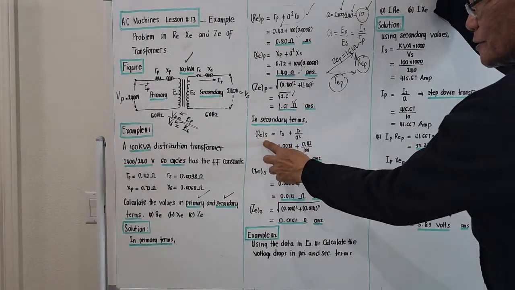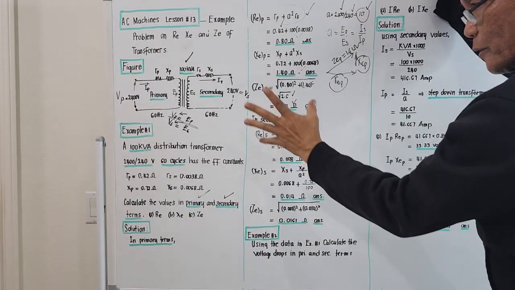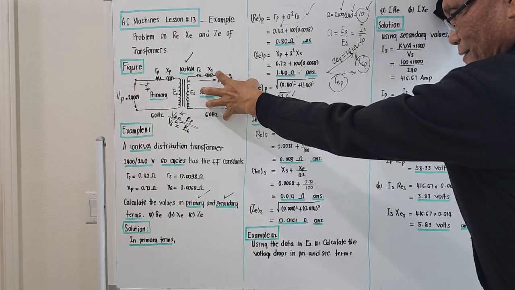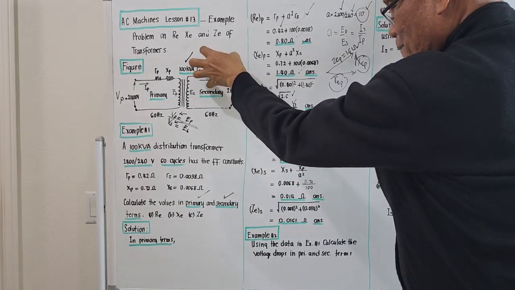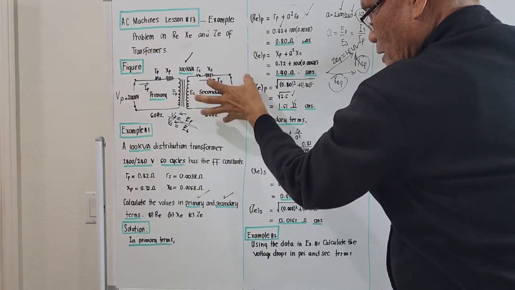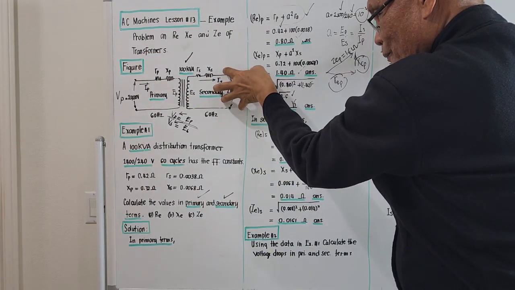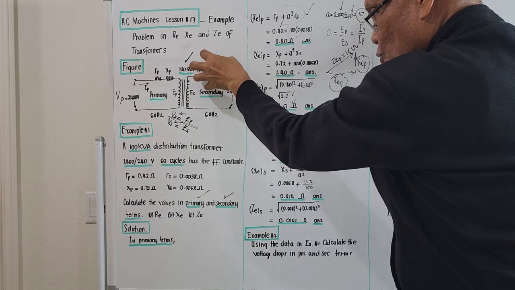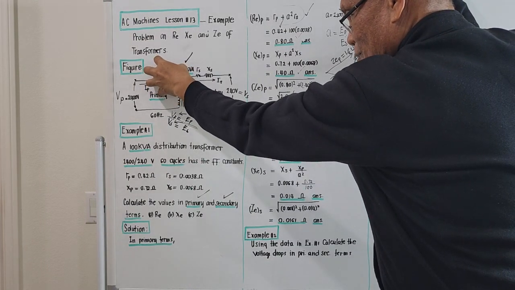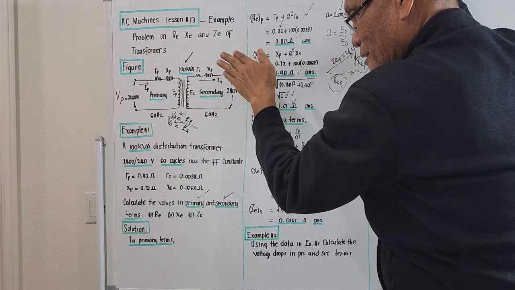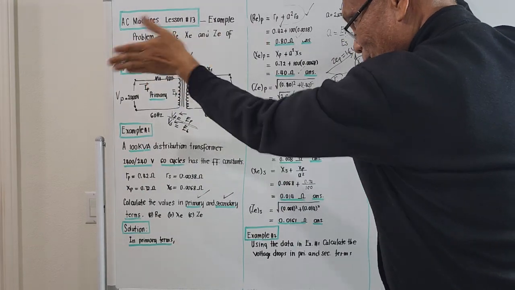The equivalent resistance referred to the secondary. We are now taking it to the secondary side. So to add these two groups of impedance, and we are now on the secondary side, we will maintain this one, but we have to change the value of this to be referred to the secondary by dividing by a certain factor.